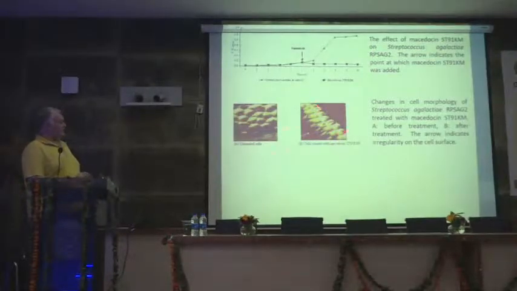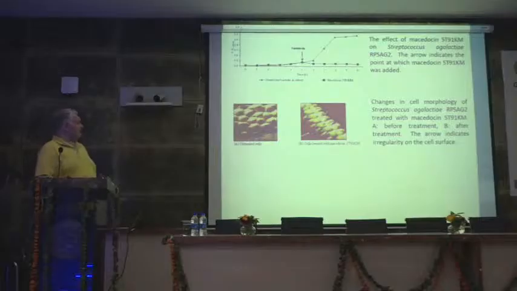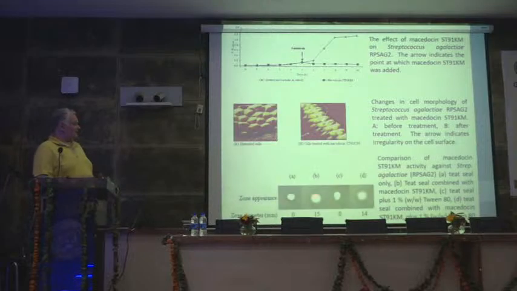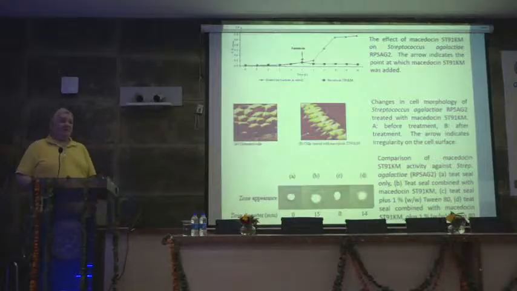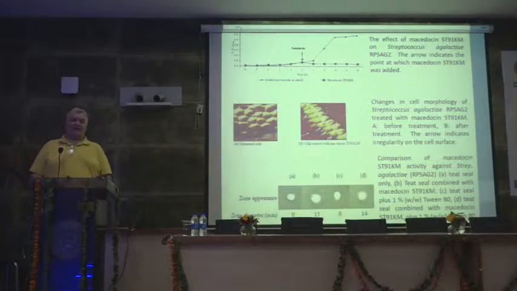Then you use atomic force microscopy to see how the bacteria lose their intracellular material when they have been treated with macedocin, the bacteriocin produced by this strain. And then we made a kind of cream because we wanted to see if we can have a slower release. Because how can we apply the bacteriocin inside the animal? You need to make it kind of clean. That's the only way to do it.